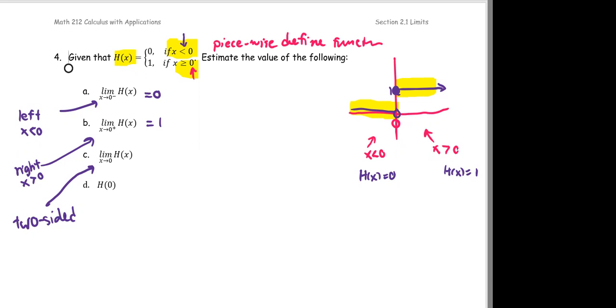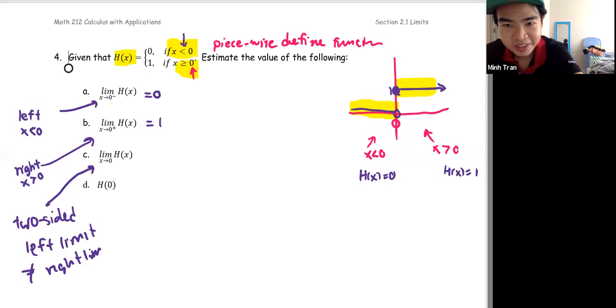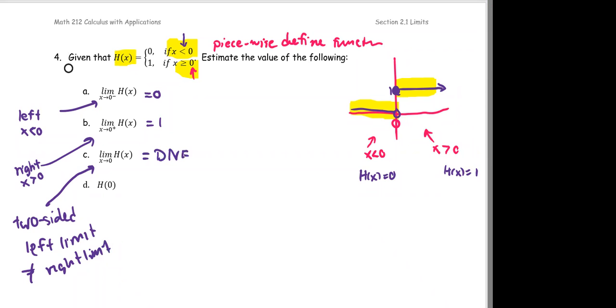But in this situation, the left limit is not equal to the right-hand limit. So our conclusion would be DNE, or does not exist, because we cannot just take one of them. If they don't agree, we say that it doesn't exist. You just say DNE.